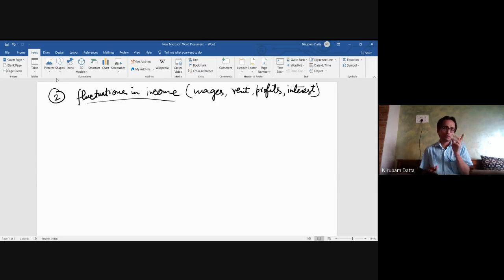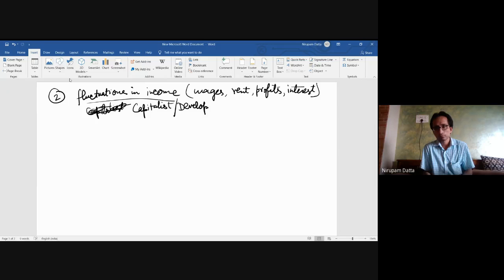But keep this in mind. All these economic theories, which I also mentioned yesterday, either classical or Keynesian, will always be applicable in the case of capitalist or developed economies, which usually have full employment equilibrium. So this will be applicable only in the case of capitalist or developed economies.